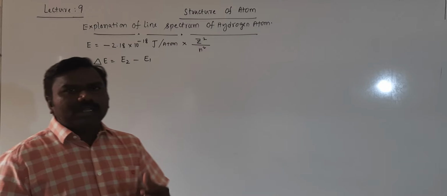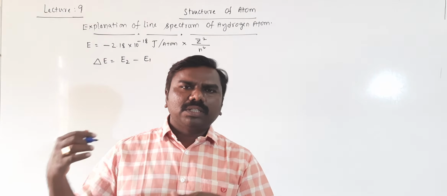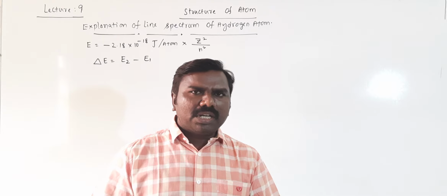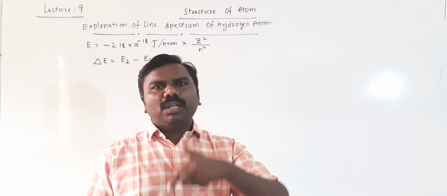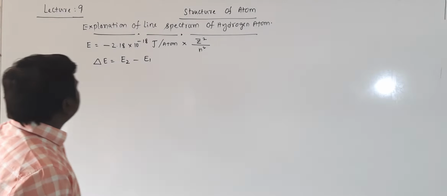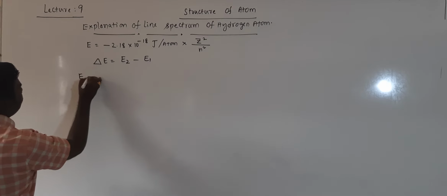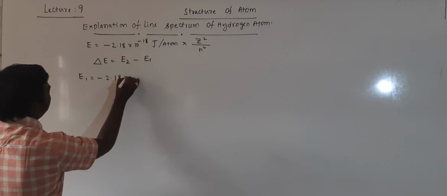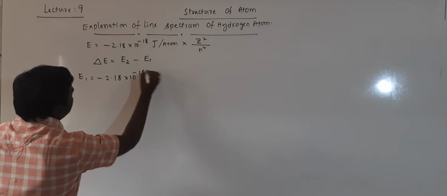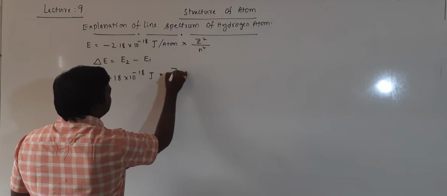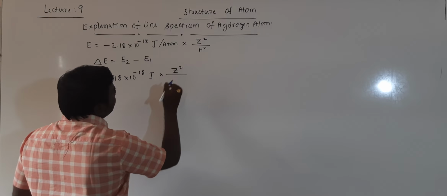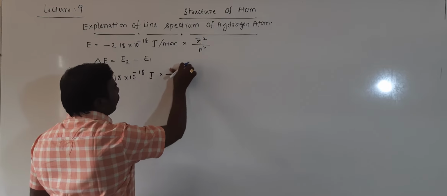It is nothing but the final energy level minus the initial energy level, higher energy to the lower energy level. Now E1 is equal to minus 2.18 into 10 to the power of minus 18 joules into Z square by N1 square, where Z equal to 1 for hydrogen atom.